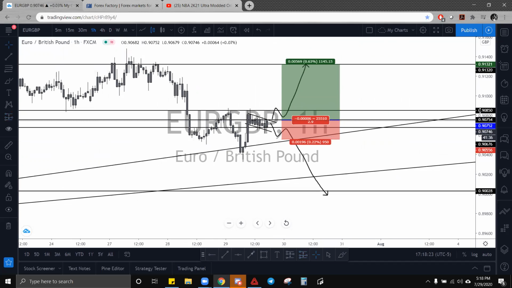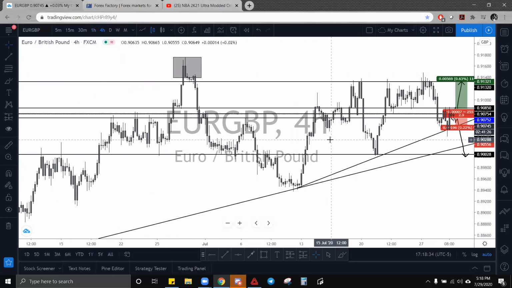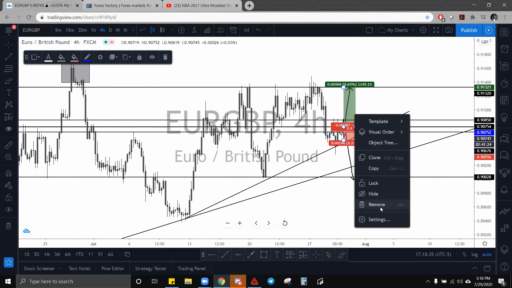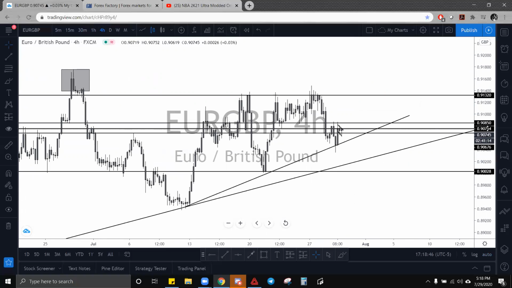Doesn't that invalidate the bias on the 4 hour time frame? The initial bias of a short, on the 4 hour time frame, so there's that break. Remember I said on the 1 hour also. Remember on the 4 hour, we identified a trend line that is following, right?